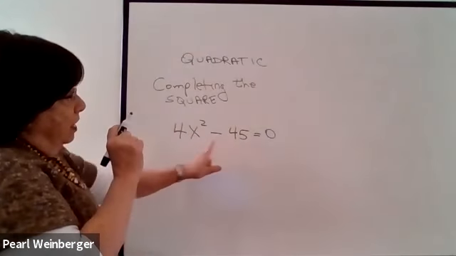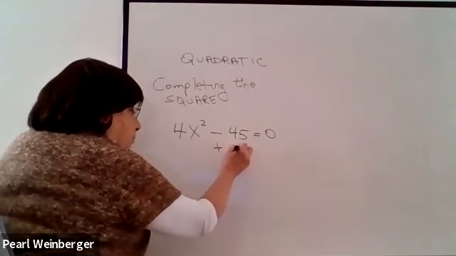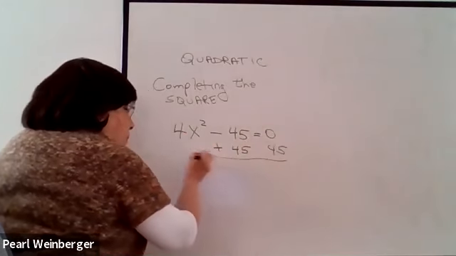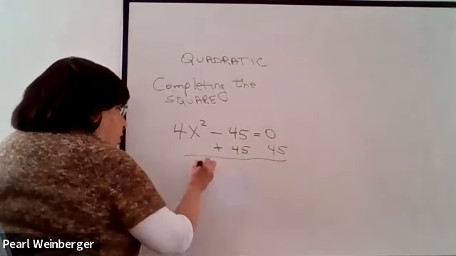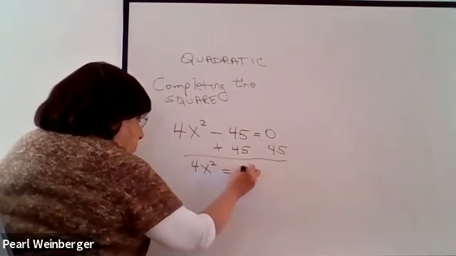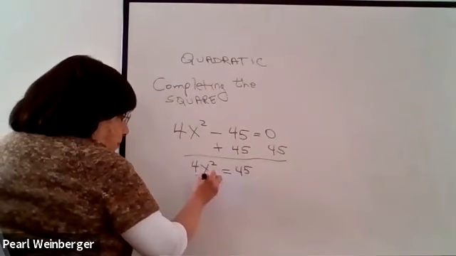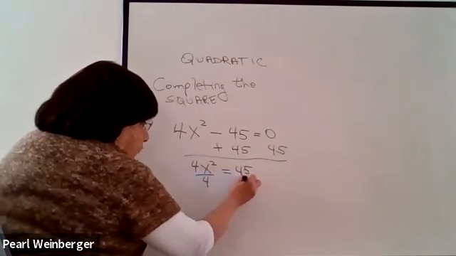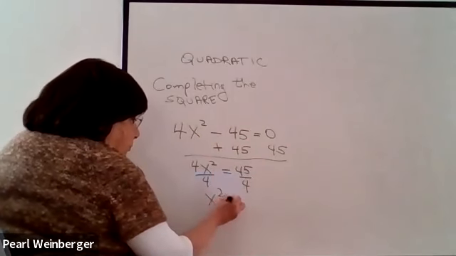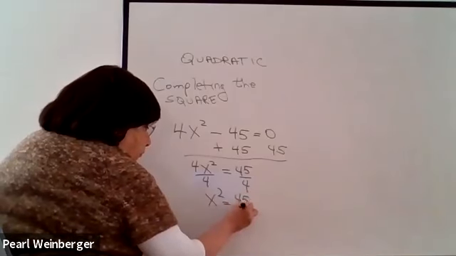I'm going to solve for x squared. So I'll first add 45 to both sides, which will give me 4x squared equals 45. And then I want to get the x squared alone, so I'll divide both sides by 4, so that I end up with x squared equaling 45 over 4.